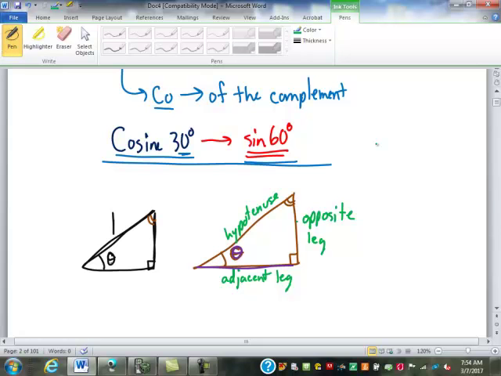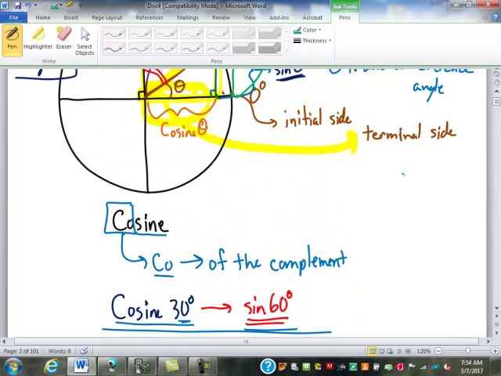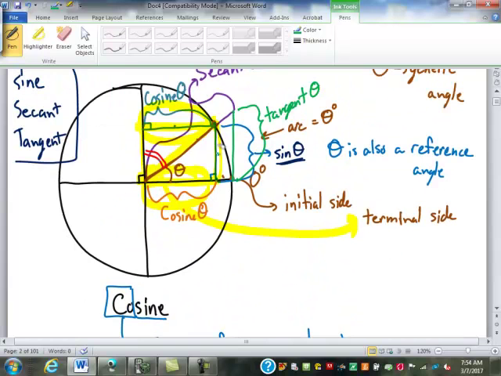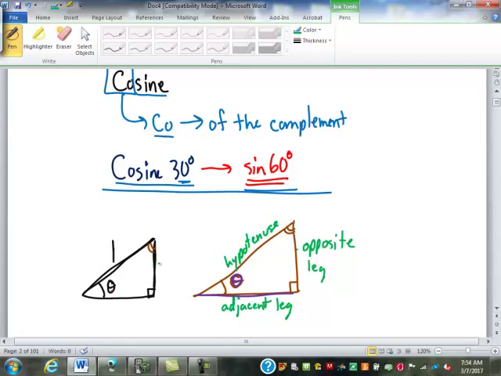Now, if you remember from our unit circle up here, from that triangle, this side is the sine and this side is the cosine. So this here is the sine of theta. This is the cosine of theta.